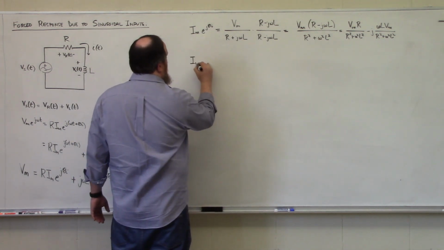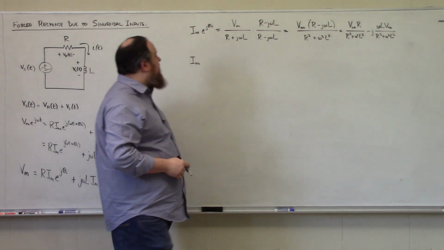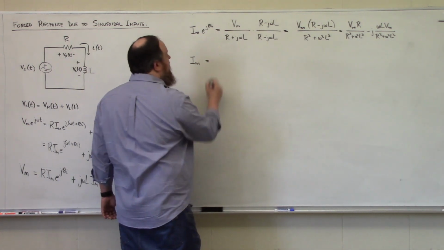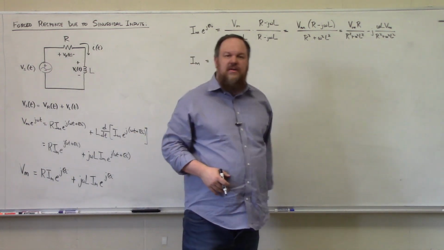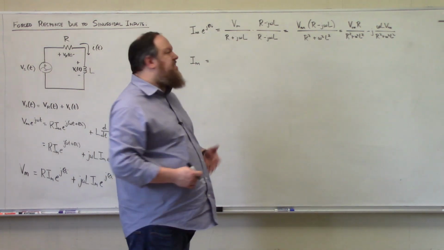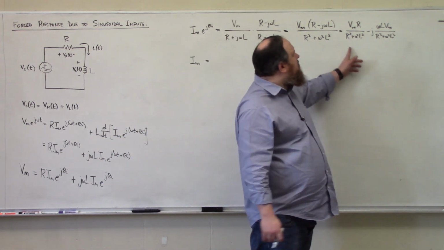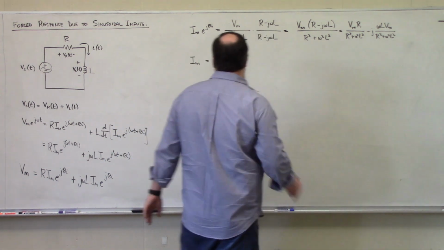Now, Im is the magnitude of the complex number on the left-hand side. And so it must be equal to the magnitude of the complex number on the right-hand side. Well, hopefully you all recall that the magnitude of a rectangular complex number is the square root of the real part squared plus the imaginary part squared.